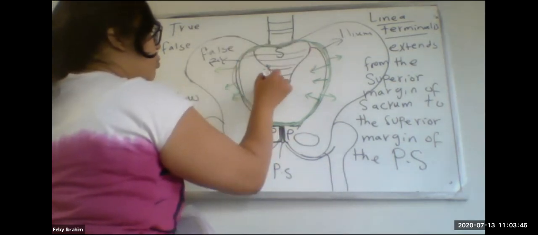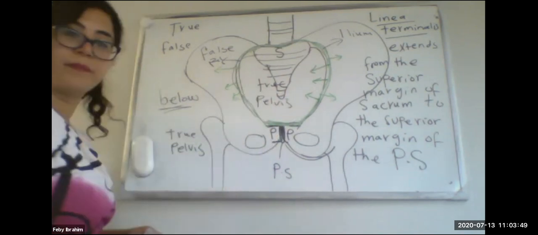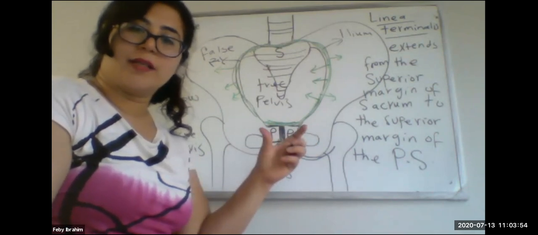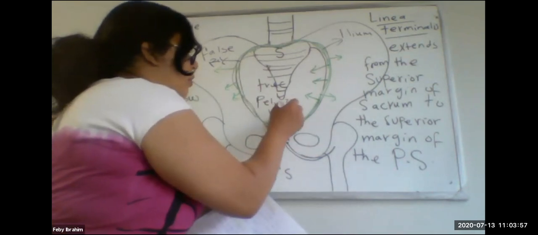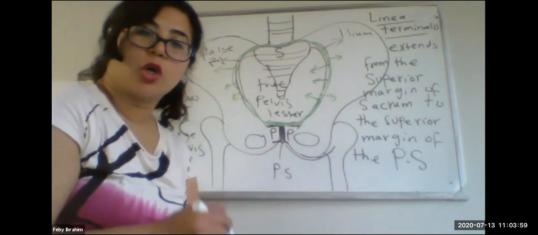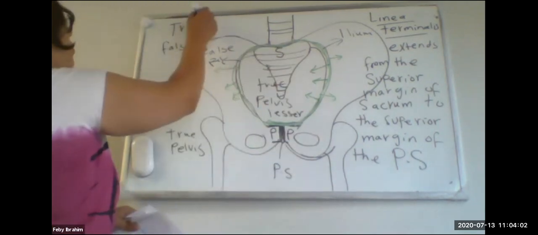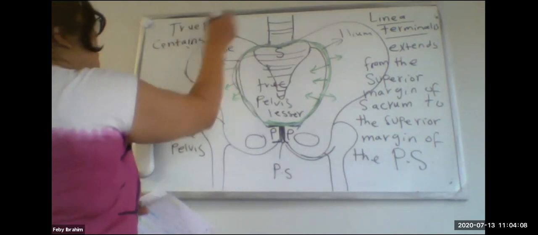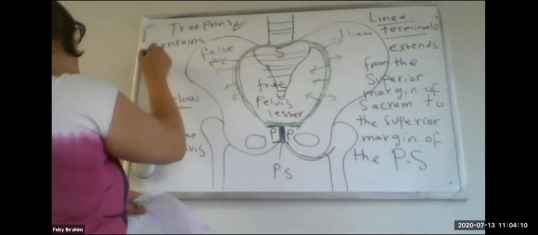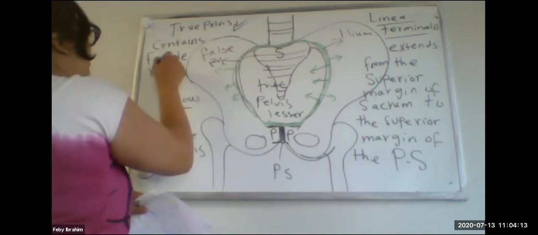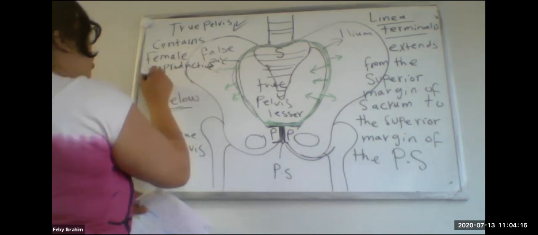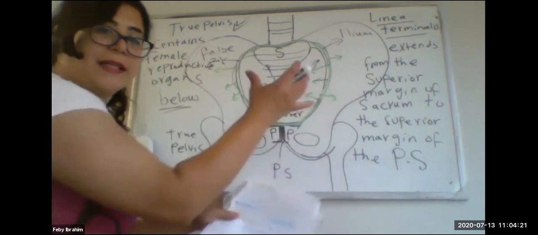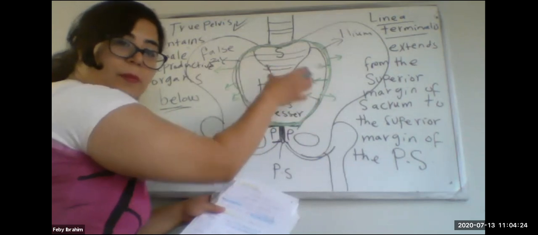This is the true pelvis. The true pelvis is the smaller one, the lesser one. And the true pelvis contains, this is important, the female reproductive organs. The female reproductive organs are within the true pelvis.